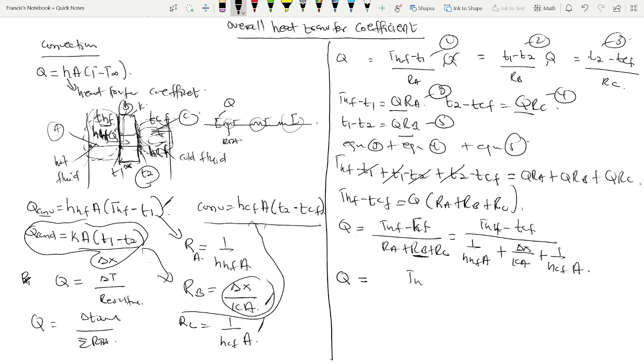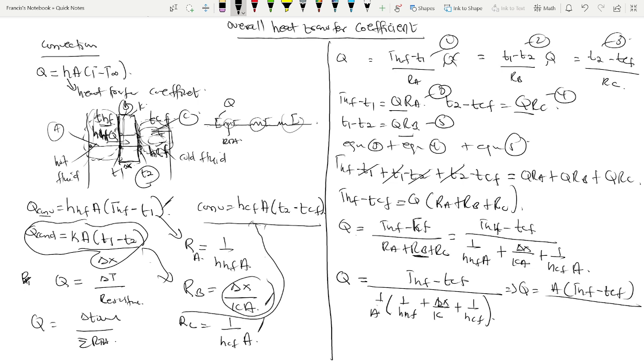So THF minus TCF all over, we can bring our 1 over area out. Then we get 1 over HHF plus change in X over K plus 1 over HCF. Now this is 1 over area, so it can come up, and then we can see that our Q will be equal to A multiplying THF minus TCF all over 1 over HHF plus change in X over K plus 1 over HCF.